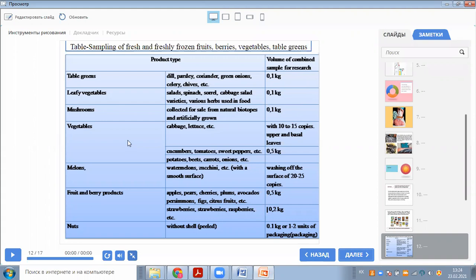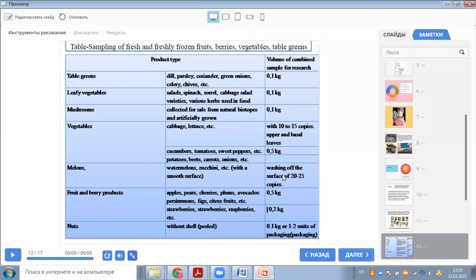From vegetables, for example, cabbage, lettuce, and so on, we must take 10 to 15 copies of upper and basal leaves. From cucumbers, tomatoes, sweet peppers, potatoes, beets, carrots, and onions, we take 0.5 kilos for the analysis. Okay, the next product is melons.